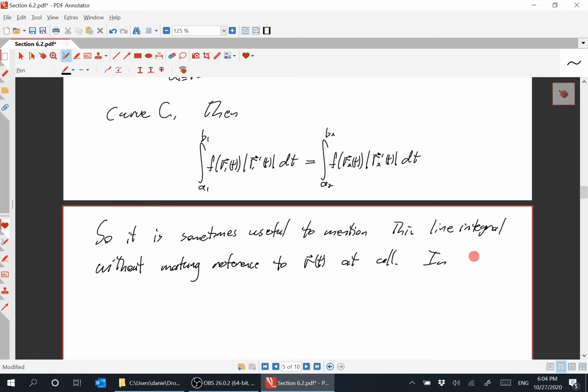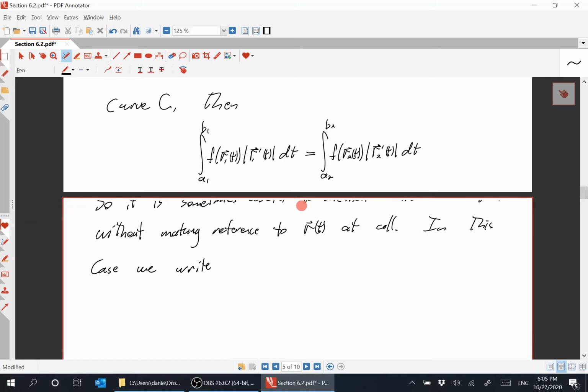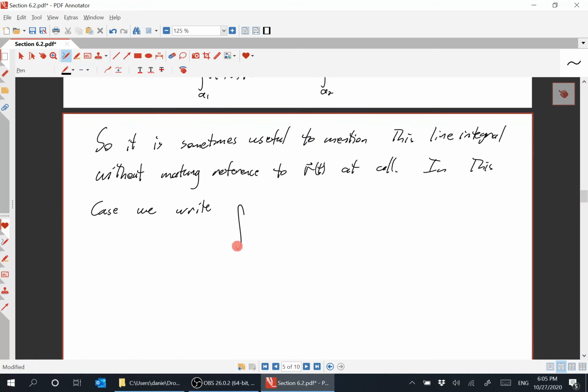In this case, we write just the line integral over C of f(x,y) ds for the two variable situation, or the line integral over C of f(x,y,z) ds for the three-dimensional situation.